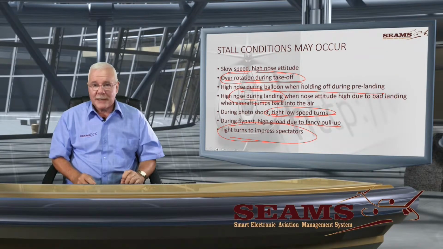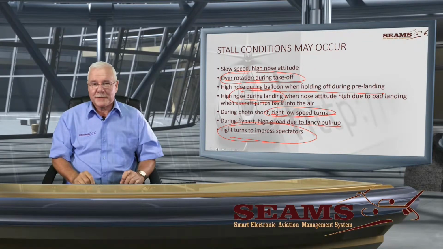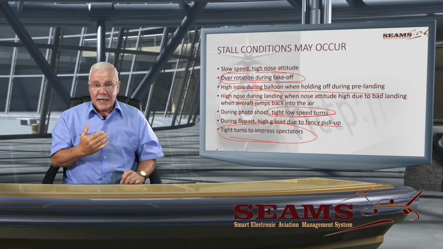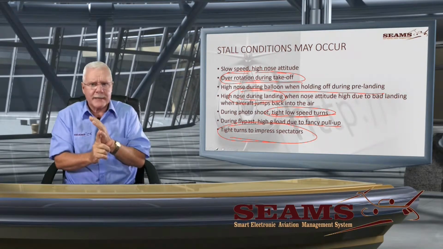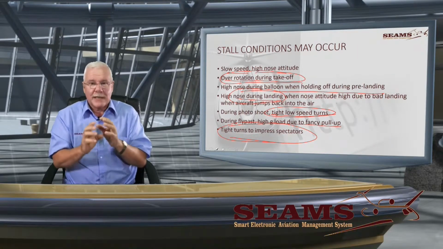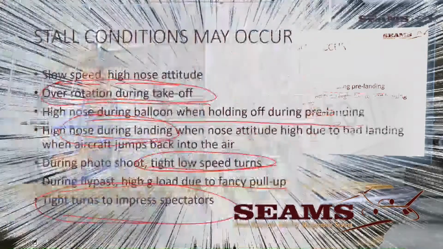Let me tell you one thing, there's nothing you can do to impress me. I'll go different. There's nothing I can do to impress you. I have to apply the rules. I understand the aerodynamics. That's a science. It doesn't care about you. And that is the key. Show the respect.